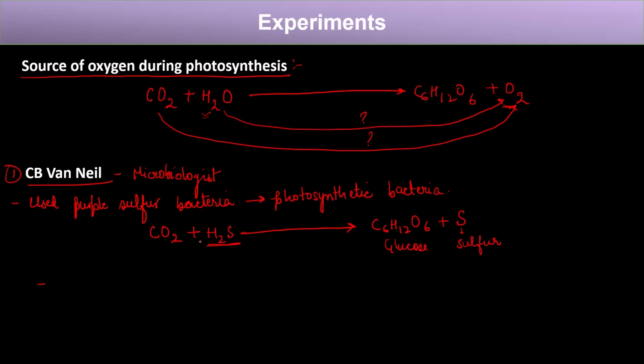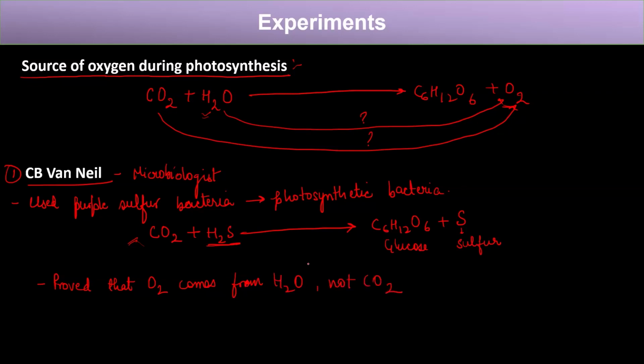Because if it were not coming from the water molecule, in this purple sulfur bacteria also, oxygen would have been formed as a byproduct. So this experiment proved that oxygen comes from H2O or water, not carbon dioxide.